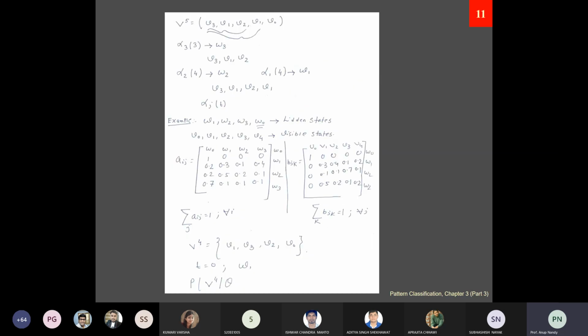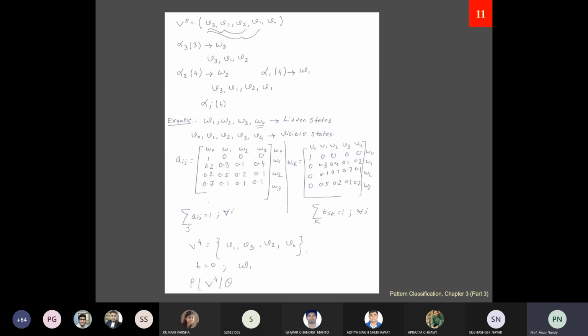Suppose this problem is given to you. You have VT given. You have these 5 visible sequences: V3, V1, V2, V1, and V0. So the visible sequence is given to you.